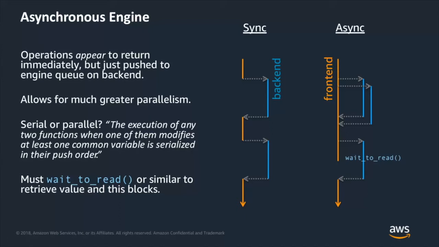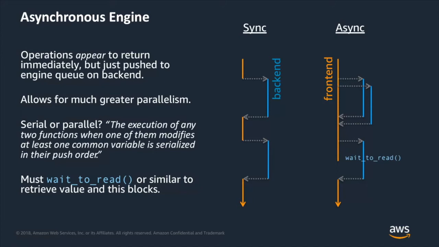That's when, in asynchronous computation, we can use some operator, for example, wait to read, or some other operator such as convert to NumPy output, or simply print. That's the time when the actual computation kicks in in the backend. And that's the asynchronous engine handling in the backend for MXNet.